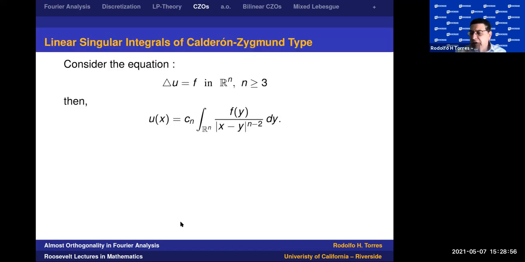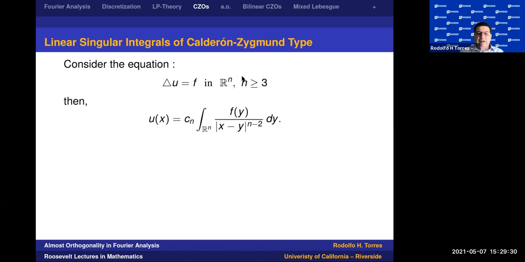Okay, so next I need to give you a very quick introduction to what Calderón-Zygmund operators are. This is something we could spend a lecture on for each of the operators that I will mention, but just to give you an idea, the germ of this goes back to Calderón and Zygmund, looking at the solution of the equation Laplacian of u equals f, with n larger than 3, because if I took n equal to 2, I would have to change this expression.